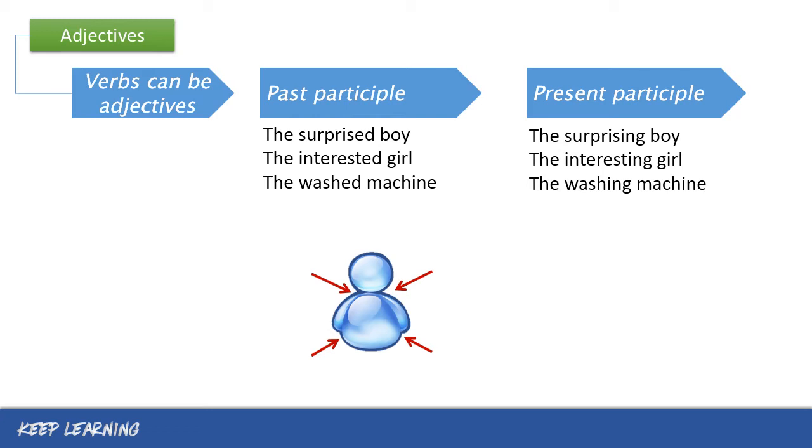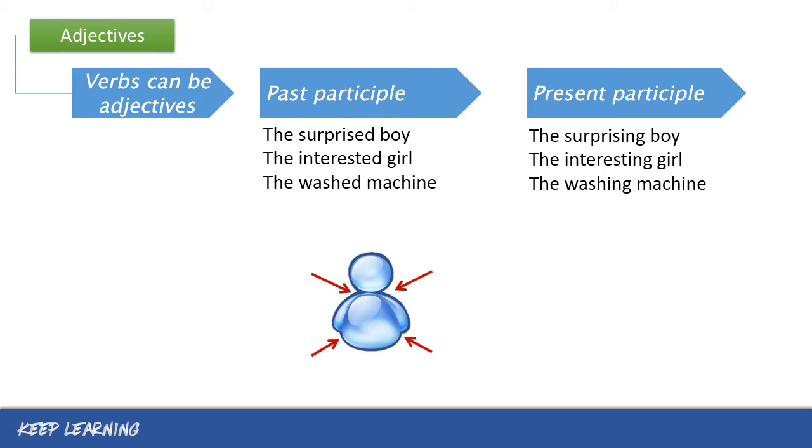We can say the surprising boy. Now, the surprising boy is different to the surprised boy. The surprised boy is el niño sorprendido, while the surprising boy is el niño sorprendente. Got it? Similar, not the same. Surprised boy, sorprendido. Surprising boy, sorprendente.